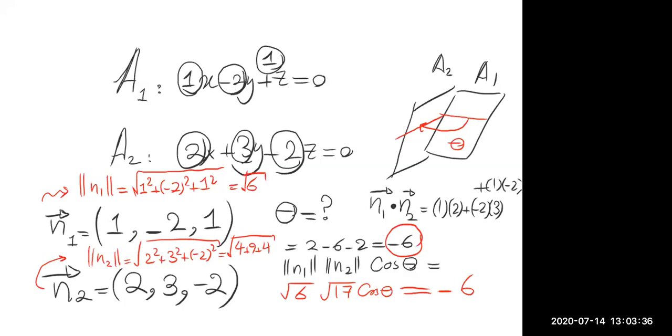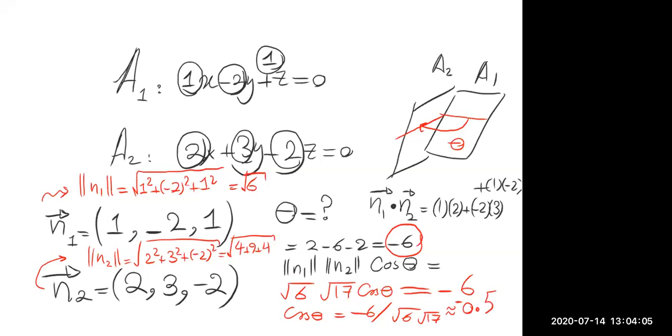Using this information, we see cosine of theta is minus 6 over square root of 6 square root of 17. We should use a calculator to compute this number. First of all, it's negative, but it's minus 0.5, something like that.